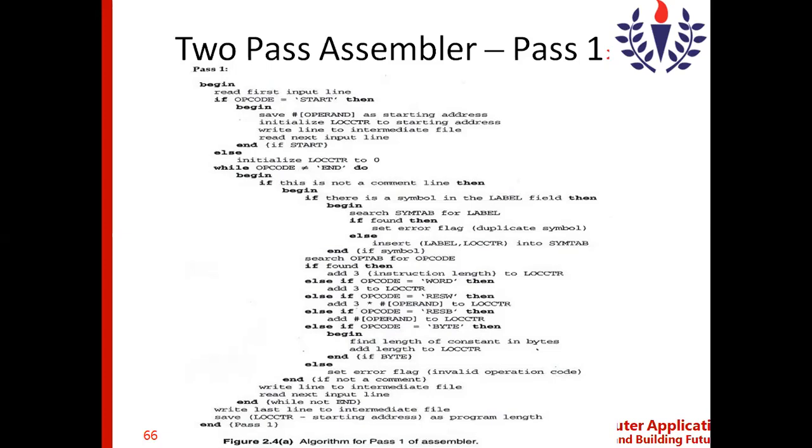Remember that value 1000. So 1000 is available in the operand field, and we consider it as the starting address. The assembler will assign hash operand as the starting address and initialize the location counter to the starting address. So whatever address is mentioned in start, the same will be initialized to the location counter.